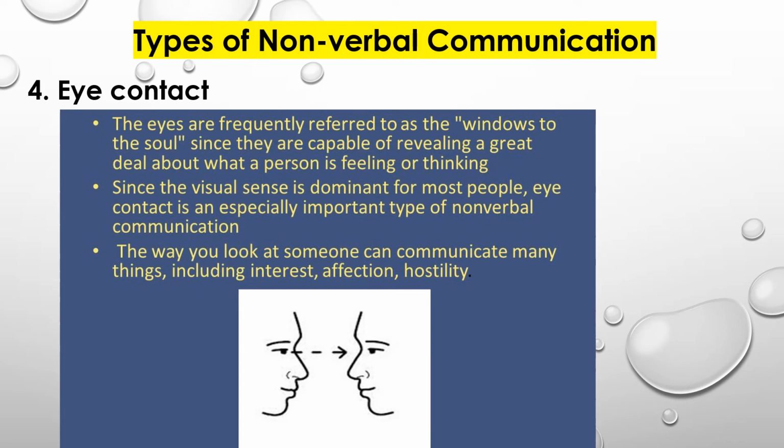The way they look at someone can communicate many things, including interest, affection, hostility, or attraction. So, for example, if you want to show your affection to someone, using eye contact can deliver your message.